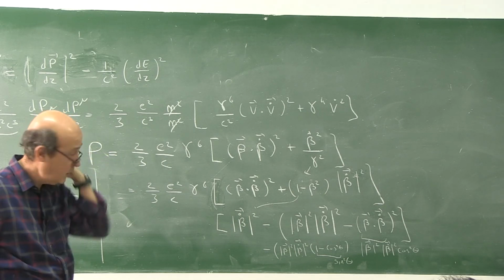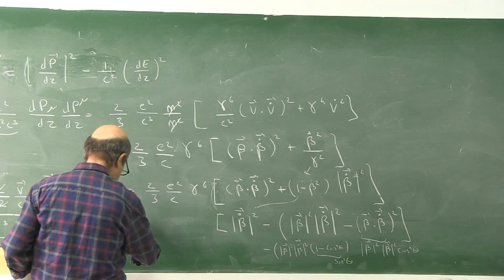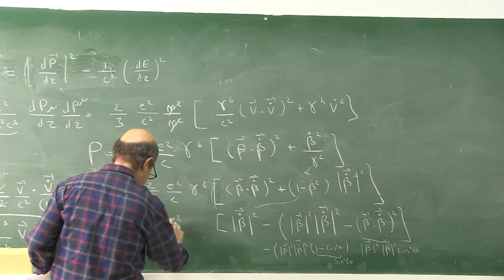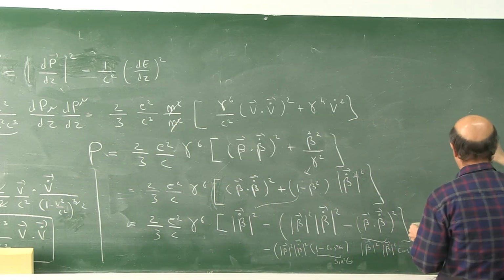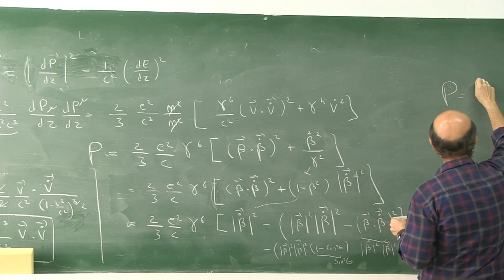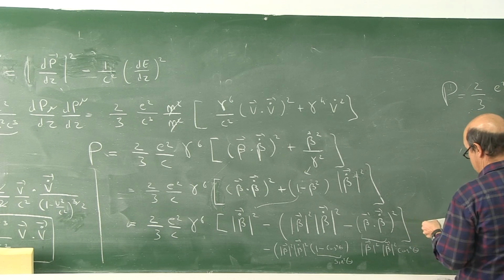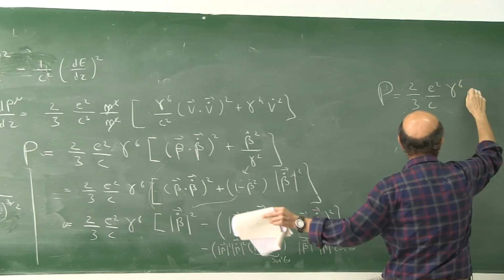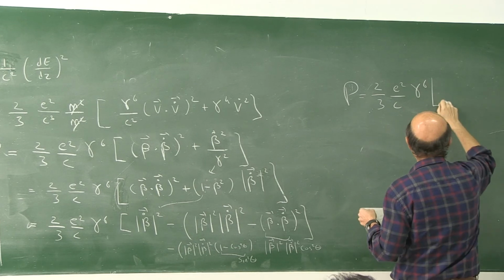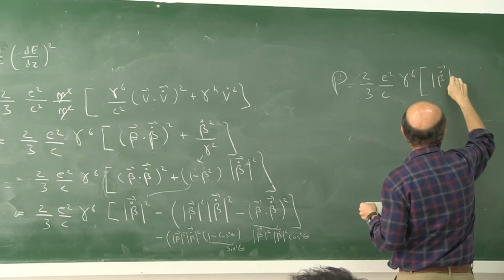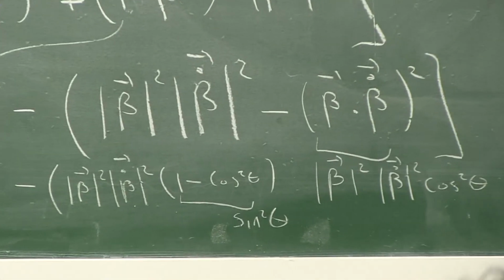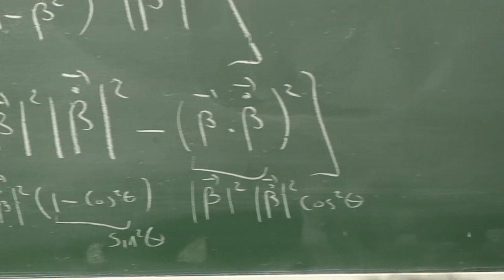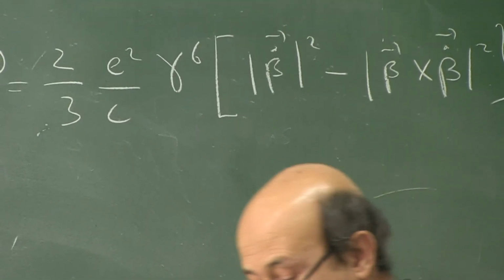So basically, the total emitted power for the relativistically moving charged particle is the following: P is 2 over 3 E square over C gamma to the 6, that term, and the rest of them, beta dot square minus beta cross beta dot. So this cross product is important, we will see in a moment. So this is called the linear result.